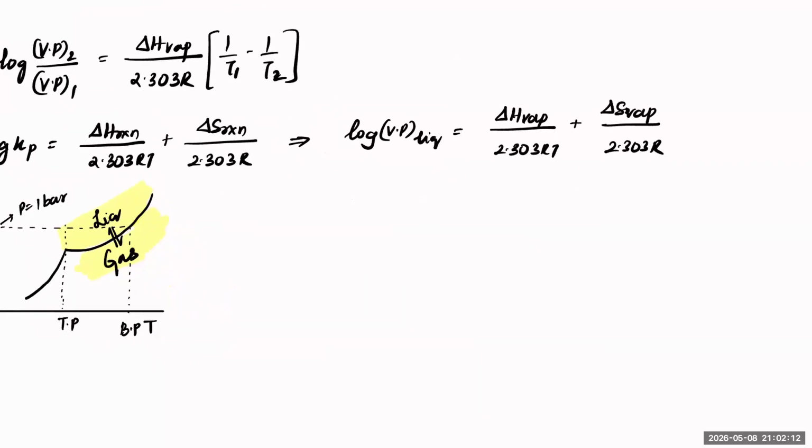While solving this, you need to keep in mind that delta H of vaporization and delta S of vaporization are independent of temperature.